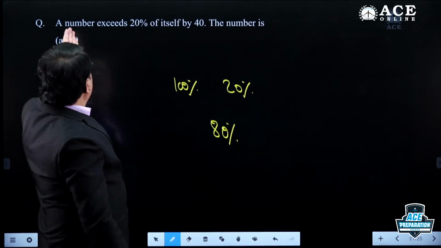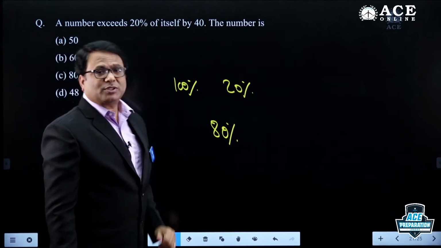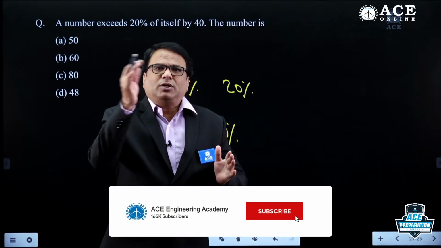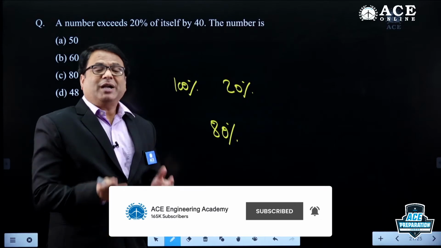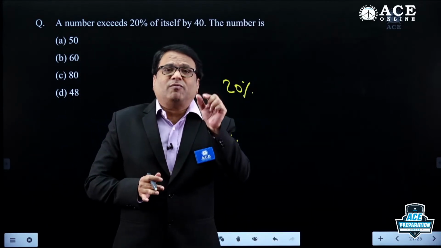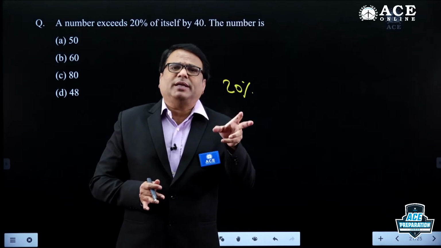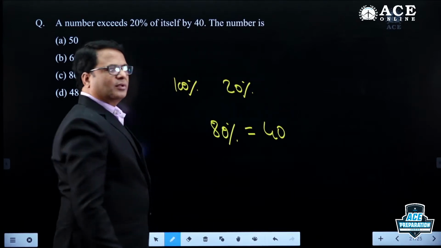But in the problem, it is clearly given a number exceeds 20% by how much? 40. So, if you look at the difference between 100% and 20%, the difference is 80%. But if you look at the difference in terms of actual value, the difference is clearly given as 40. That means 80% is equal to 40.